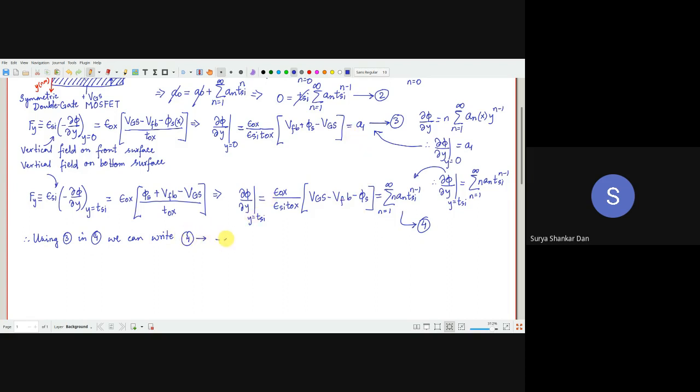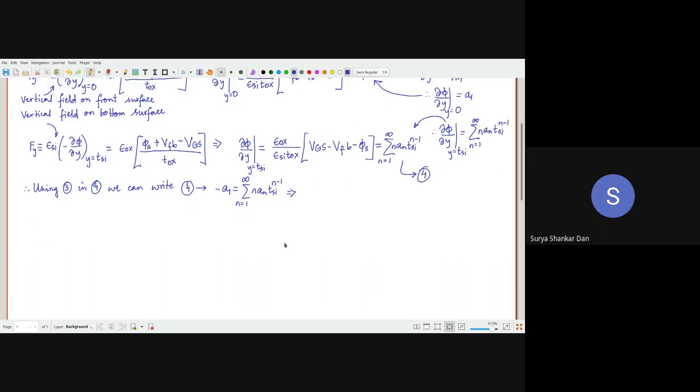Minus A1 is equal to, look, this term and this one, they are differing only in this negative sign. Please understand this. So all I'm doing is replacing the left hand side with a minus A1, is equal to summation of n is equal to 1 to infinity n a n tsi to the power n minus 1.